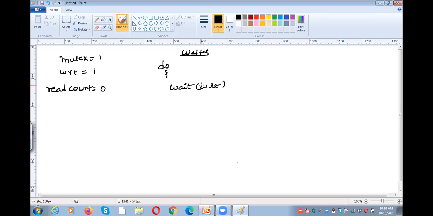Initially the value is 1, so 1 minus 1 is 0, and we perform the write operation. That means the writer is allowed to write. And then signal of WRT.